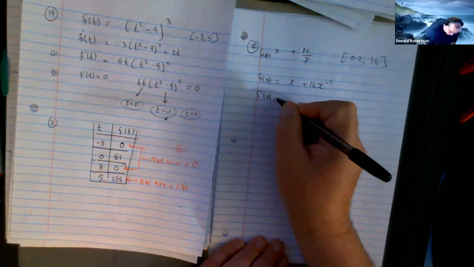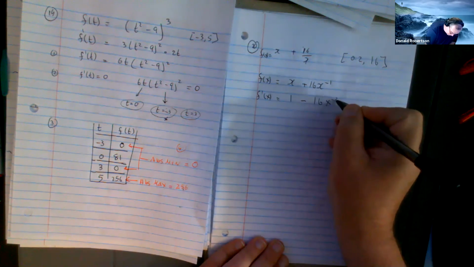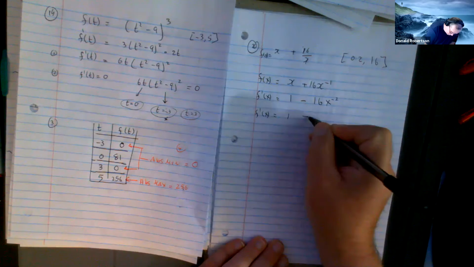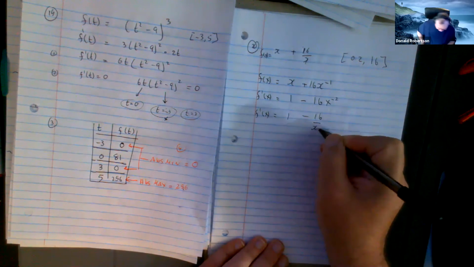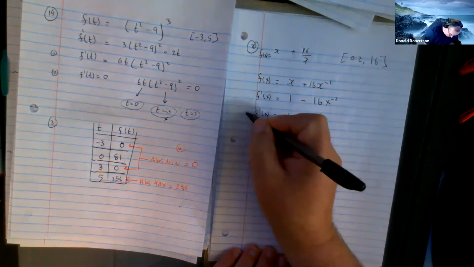Now I can differentiate. You get a 1, take away 16x to the negative 2, and I'm just going to make it look pretty. There we go. I didn't have to factor here, but I did have to make it look like the original. So far, so good. Now, that's step 1 done.